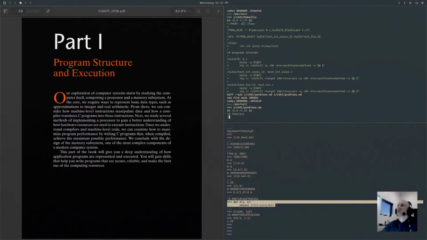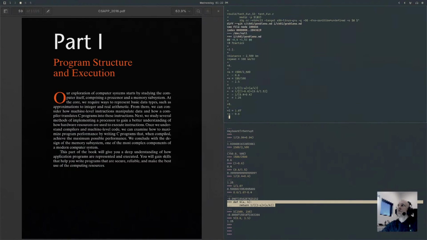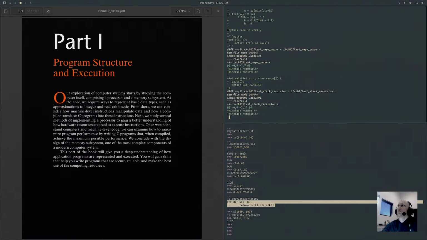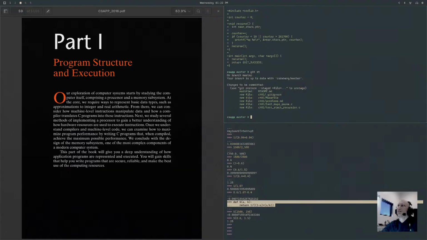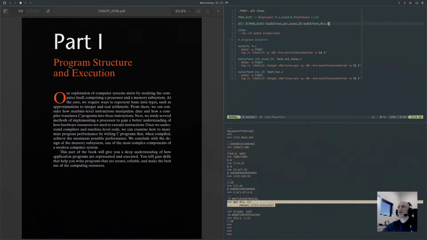Do we have this test fun thing? We do not. So vim chapter 01 makefile. We have test map pause and test stack recursion. So these guys are not needed. Bye, Felicia.